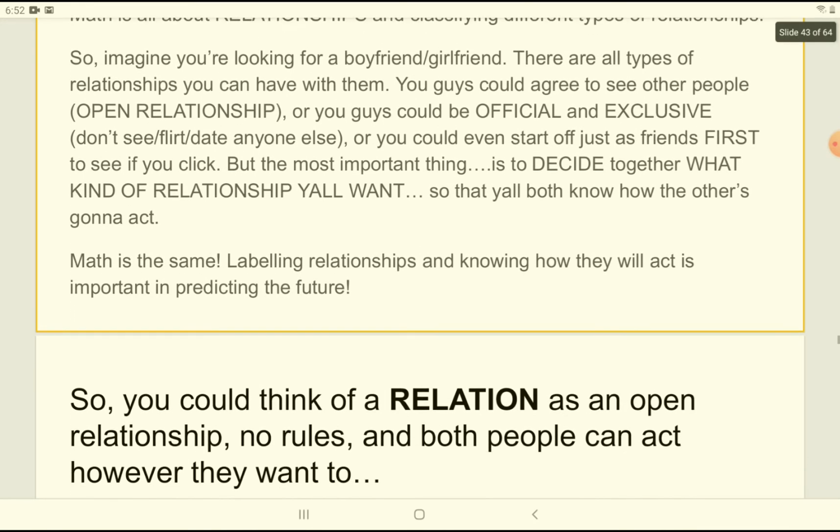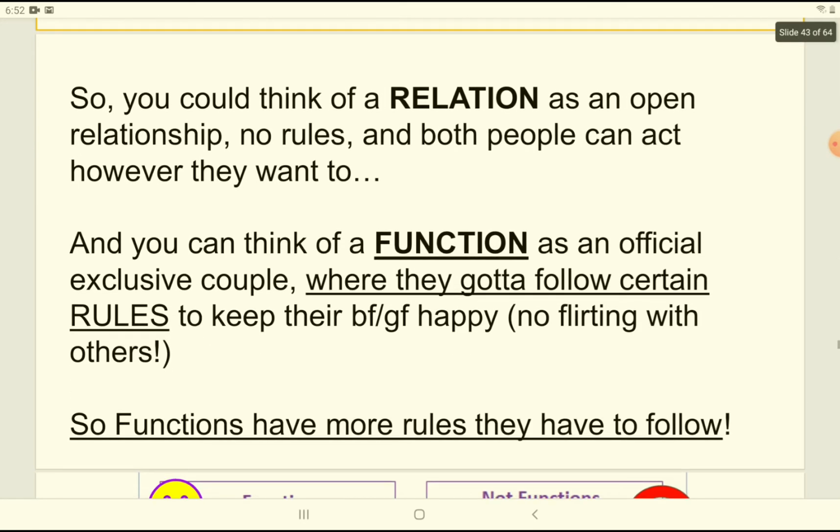Okay? So you could think of a relation as an open relationship. No rules, and both people can act however they want to act. Right? And that's okay, because y'all decided that it's going to be open. That's all right. Okay? Or another way, you can think of a function as an official, exclusive couple.